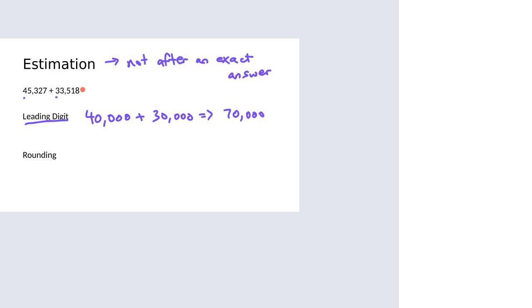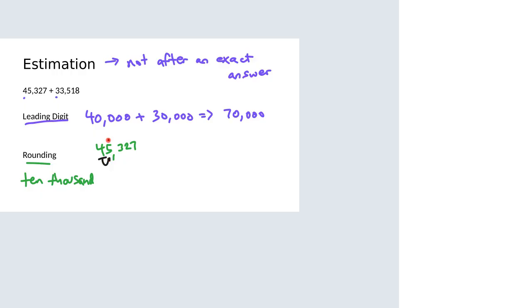A little more precise than this would be rounding, and we decide where we want to round. Let's say we want to round to the nearest 10,000. So I'm going to take 45,327 and I'm going to round that to the nearest 10,000. So I'll find the 10,000s place and I look to the right.